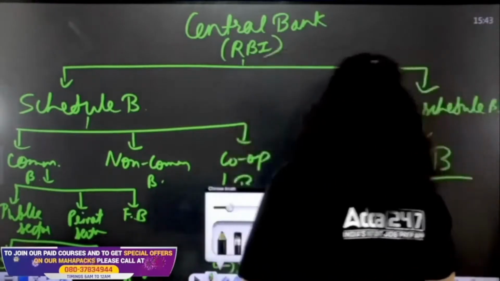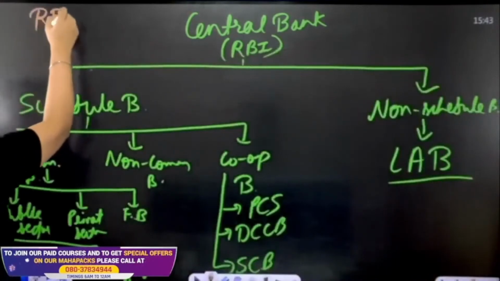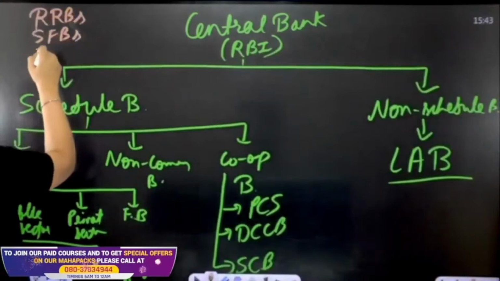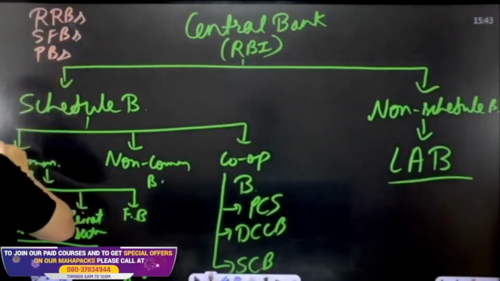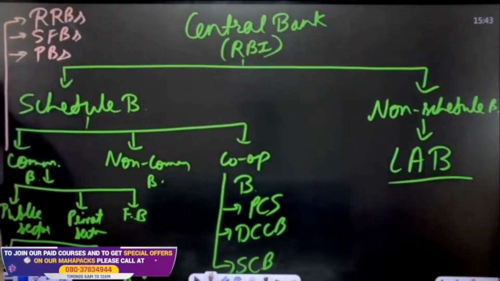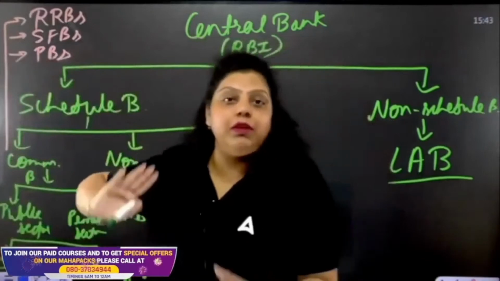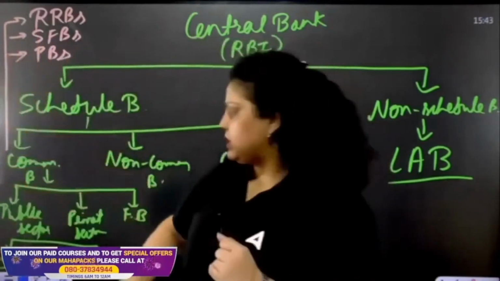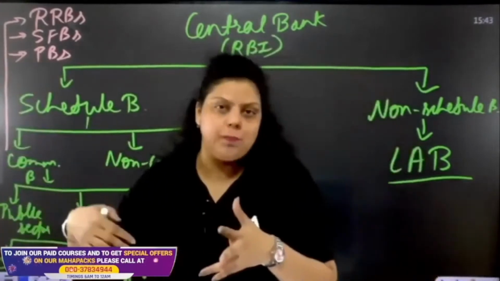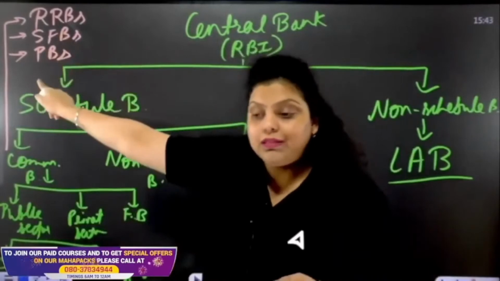Apart from these banks, we have another category of banks also, that is regional rural banks, RRBs. We have small finance banks. We have payment banks. These are also types of commercial bank, but they have been established for a specific purpose. That's why we define them individually, because public, private and foreign banks are on the basis of ownership, while these are on the basis of the purpose they have been established.